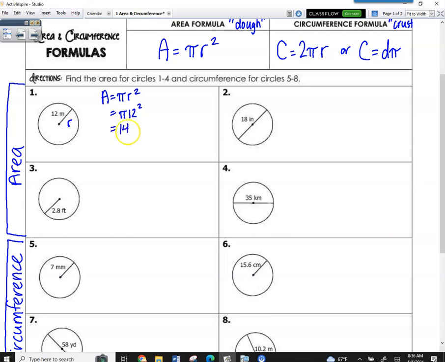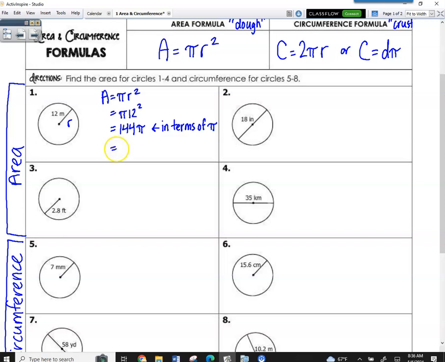So 144, and then you write the pi, which means I can see the pi, and I'm going to draw an arrow, and I'm going to say in terms of pi. That, the way that I wrote that, 144 pi, it means in terms of pi. That is our leveling up aspect behind this worksheet, because that's going to come in handy when we get to the back of the paper.